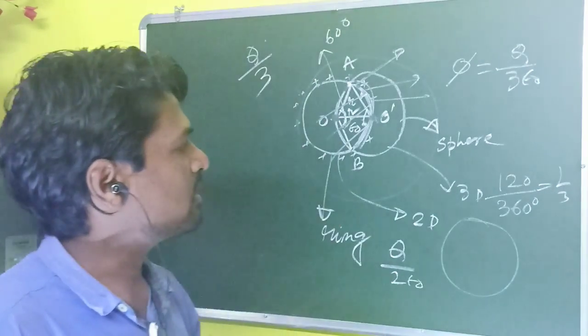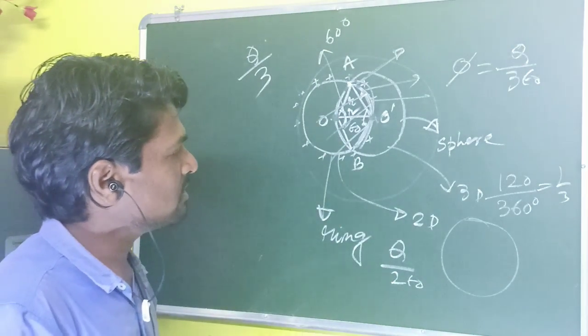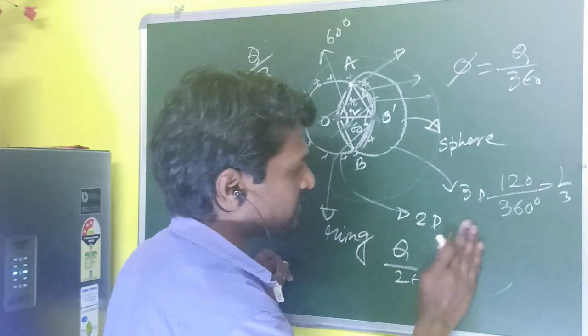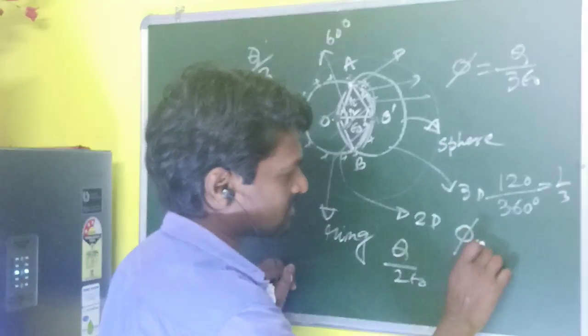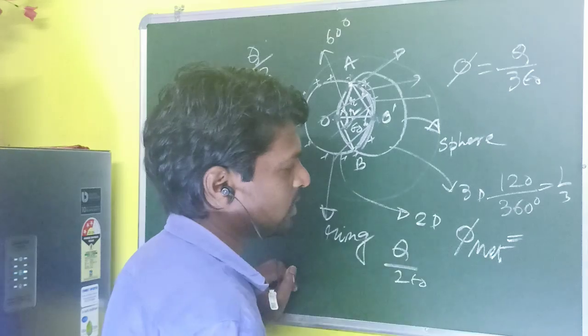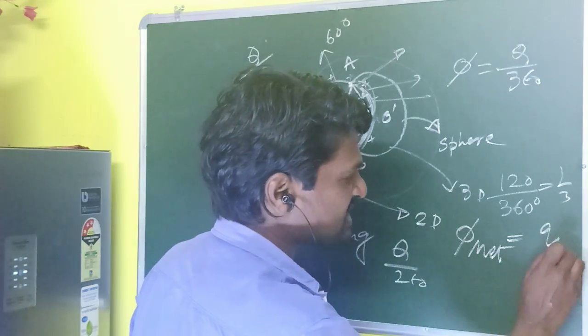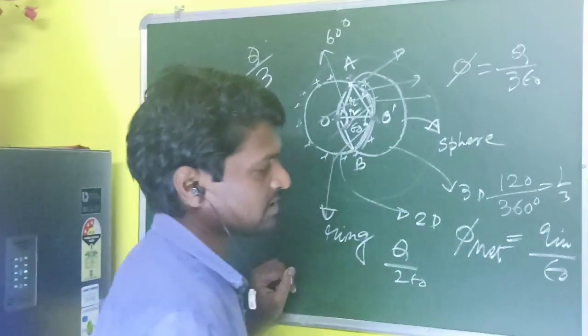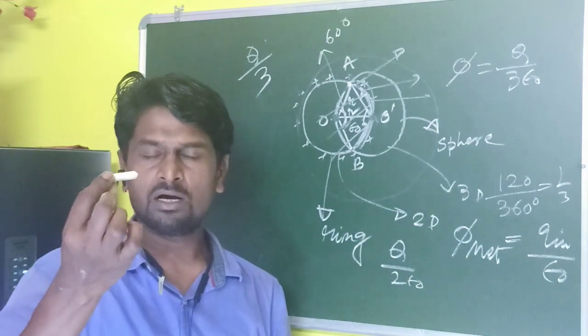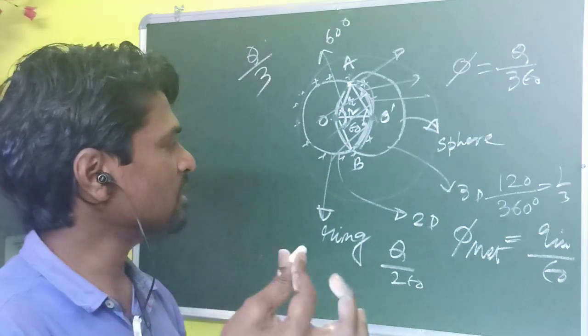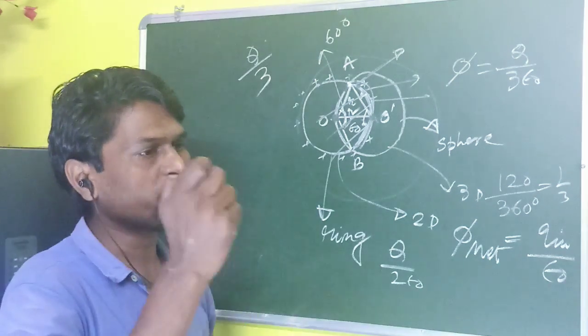a particular situation. Gauss's theorem states that the net flux is equal to q inside by epsilon naught, that is the charge enclosed within a surface.